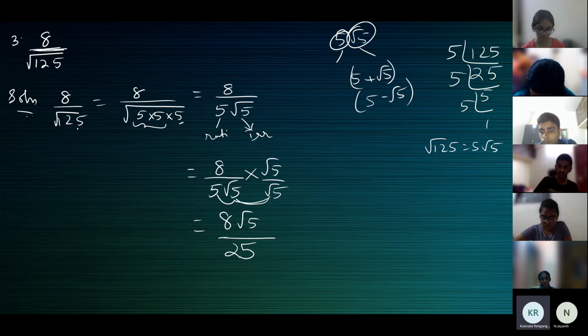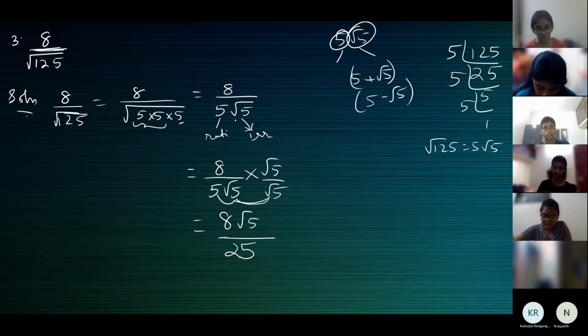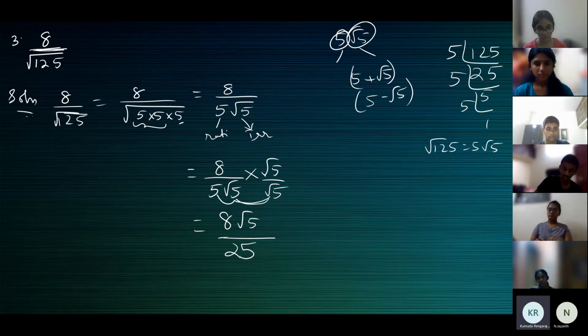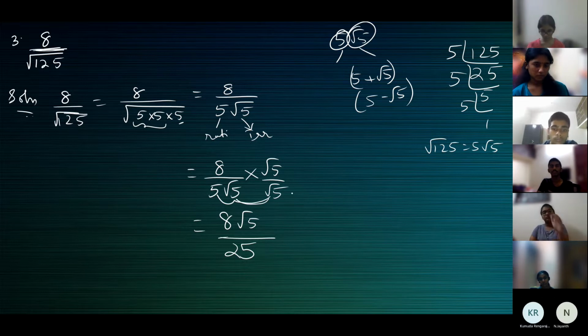So first convert the surd given in the denominator to a mixed surd, if it's possible, and then rationalize. To rationalize, we use only root 5. So the least or smallest rationalizing factor is root 5, not root 125.